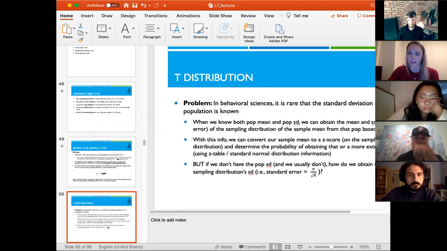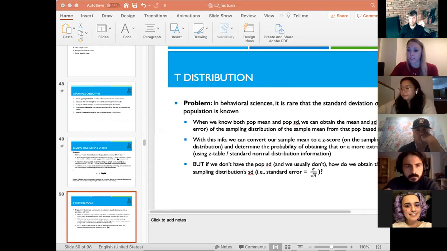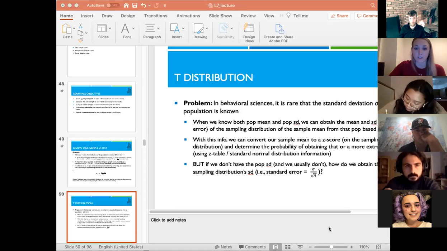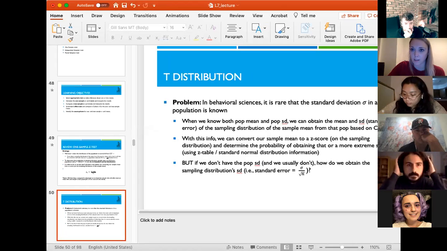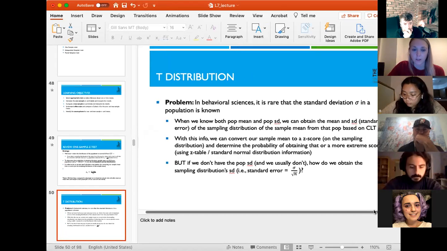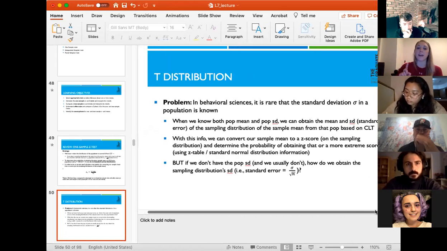We rarely actually have access to that information. When this occurs, you can no longer use a one sample z-test, and you have to use a one sample t-test. So you have to rely on a t distribution instead of a z distribution.